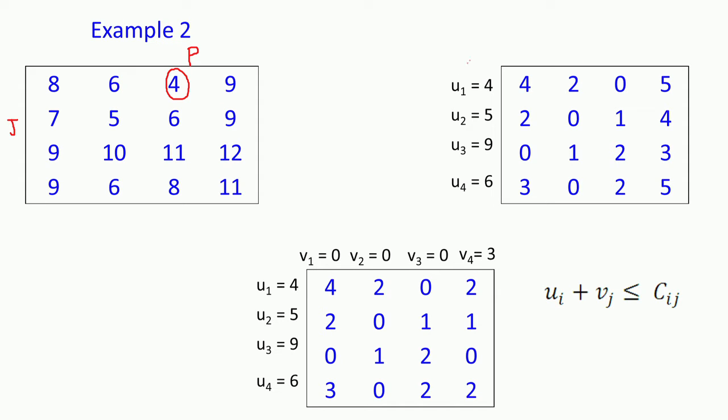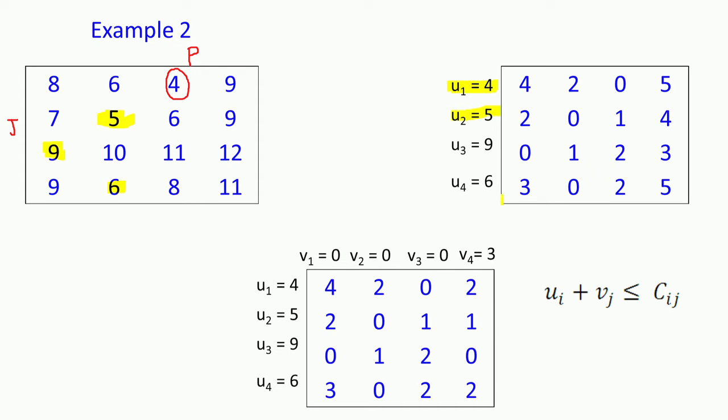Now, this is the same as writing u1 equal to 4, the row minimum, and subtracting u1 from every element of the first row. Similarly, u2 equal to 5, which happens to be the minimum, u3 equal to 9 and u4 equal to 6, and subtracting these from every element of the respective rows.